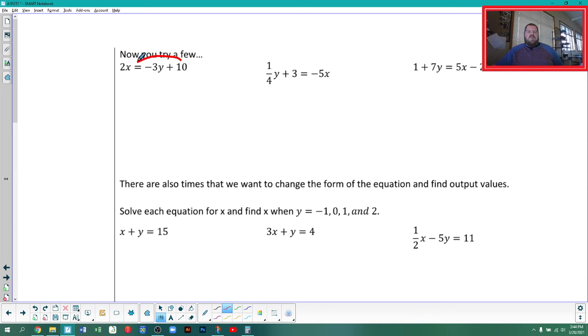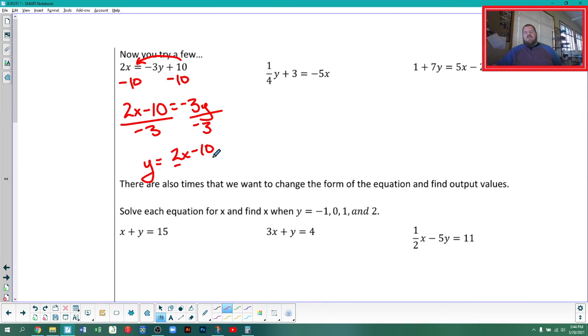All I'm going to do on this one is move the 10 over and then divide by the -3. So I'll subtract the 10, subtract the 10. 2x minus 10 will equal -3y, and we'll divide by -3. I'm going to write my y on the left. That's what I like to do. And that looks like our answer there.